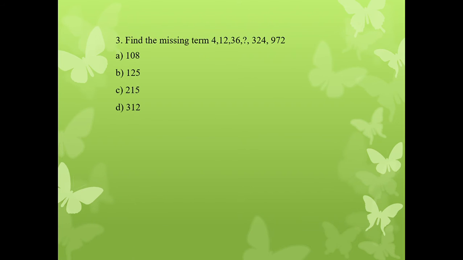Next problem. Find the missing term in the series 4, 12, 36, question mark, 324, 972. Solution. In this given series, every next element can be calculated as 3 into the previous element.